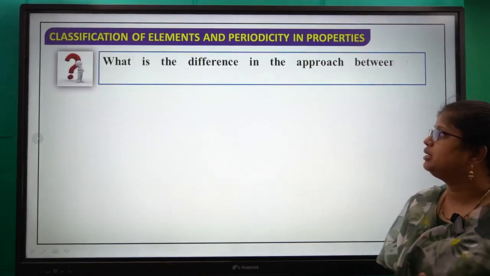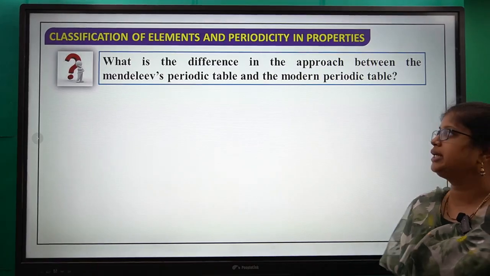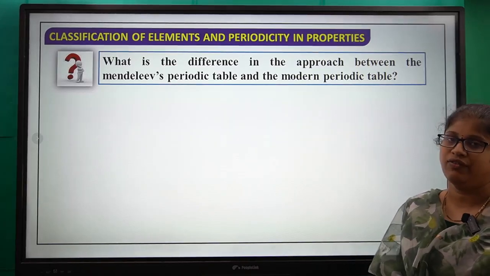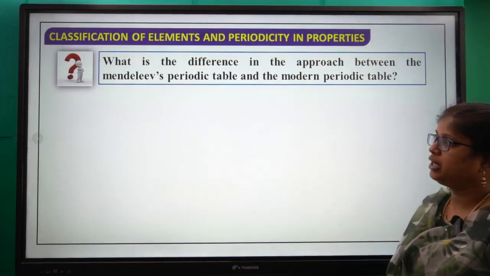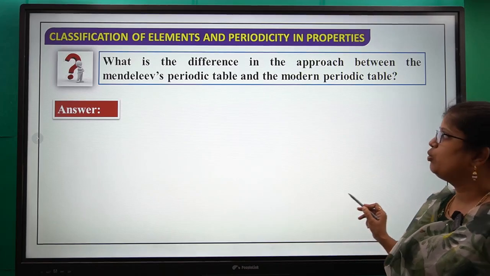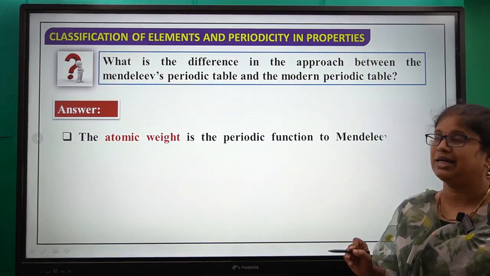What is the difference in the approach between Mendeleev's periodic table and the modern periodic table? So what is the main difference here? First, Mendeleev's periodic table takes into consideration atomic weight, and the modern periodic table takes into consideration atomic number.